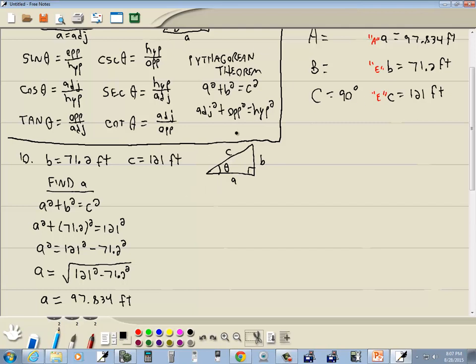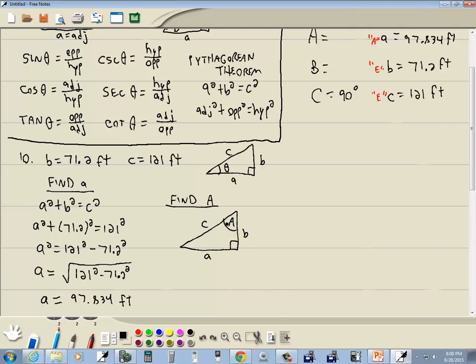Okay, so let's find the angle A. So if I draw my picture, here's A, B, C. Angle A. Well, if this is side A, angle A would be this angle that's opposite of it. Okay, so this is what we're trying to find.